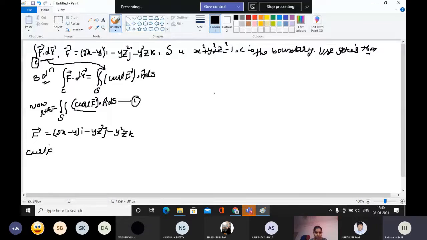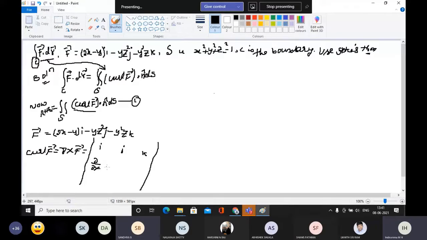Curl f means what? Del cross f bar, del cross vector f. How to find the cross product? Determinant method. What is the first row? i, j, k. What is the second row? dou by dou x, dou by dou y, dou by dou z.